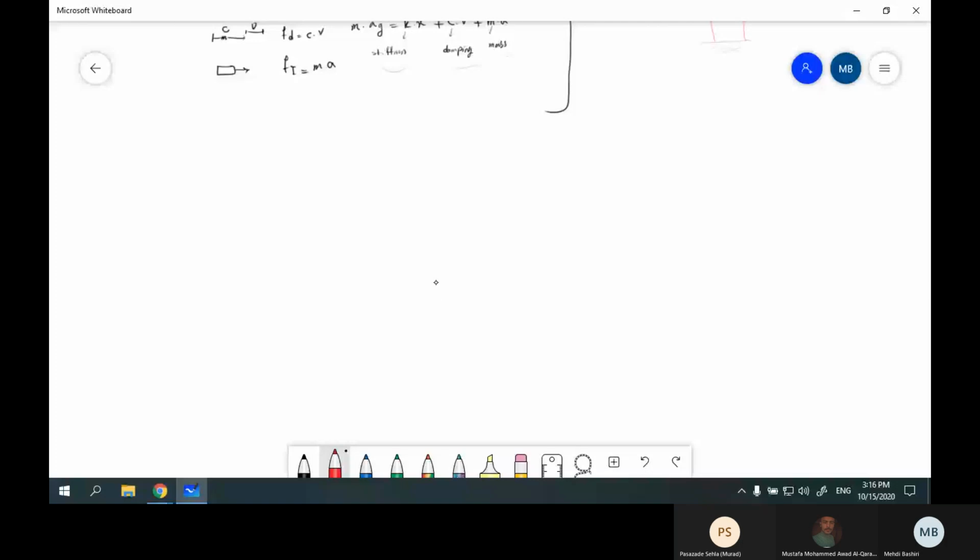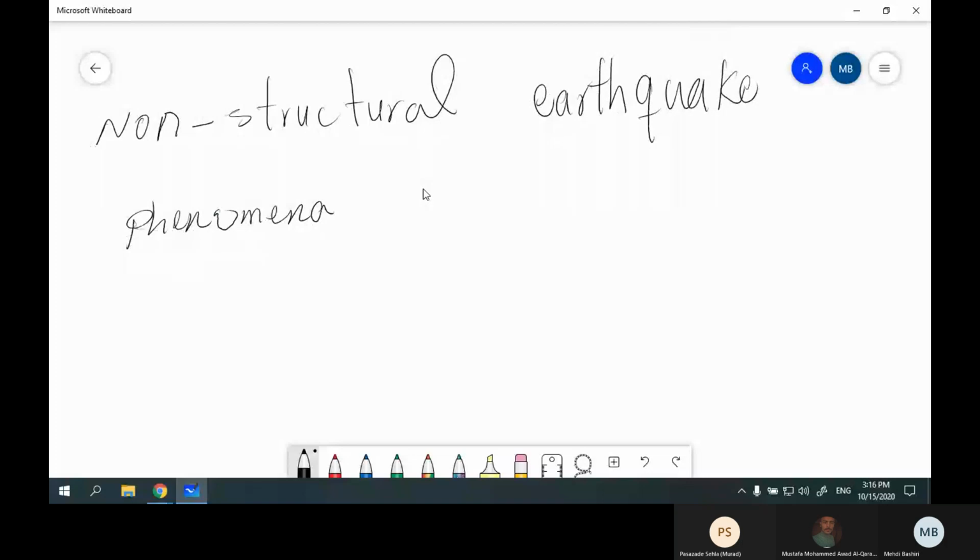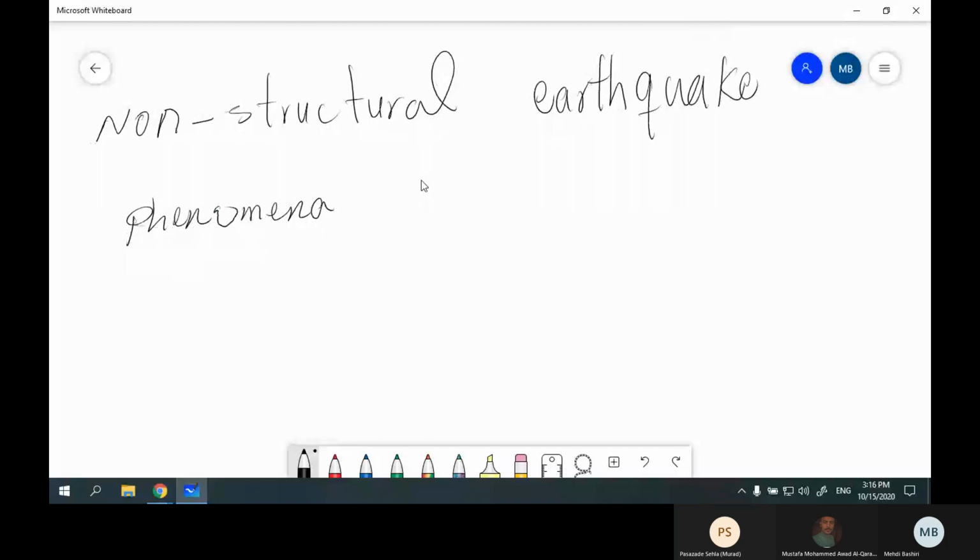One of the things about the earthquake is non-structural earthquake phenomena. What does it mean?